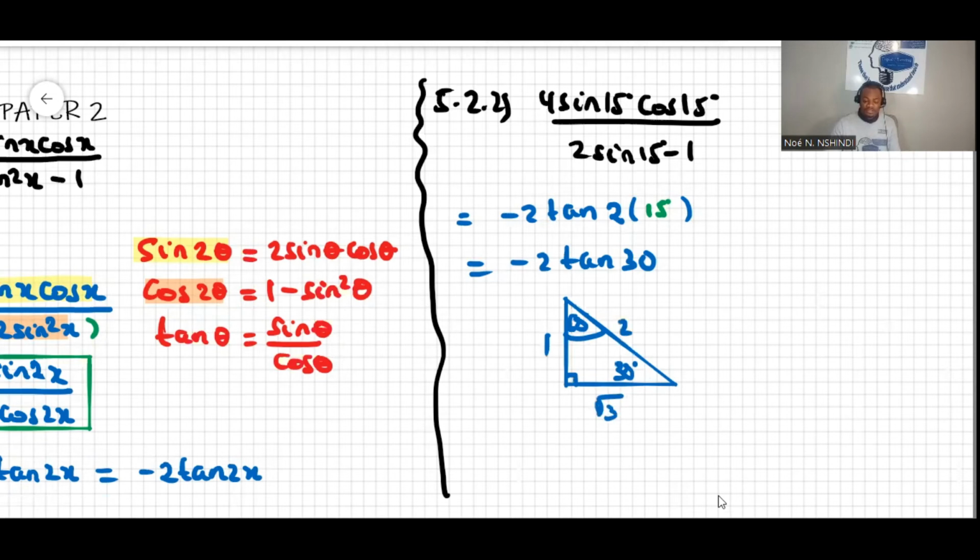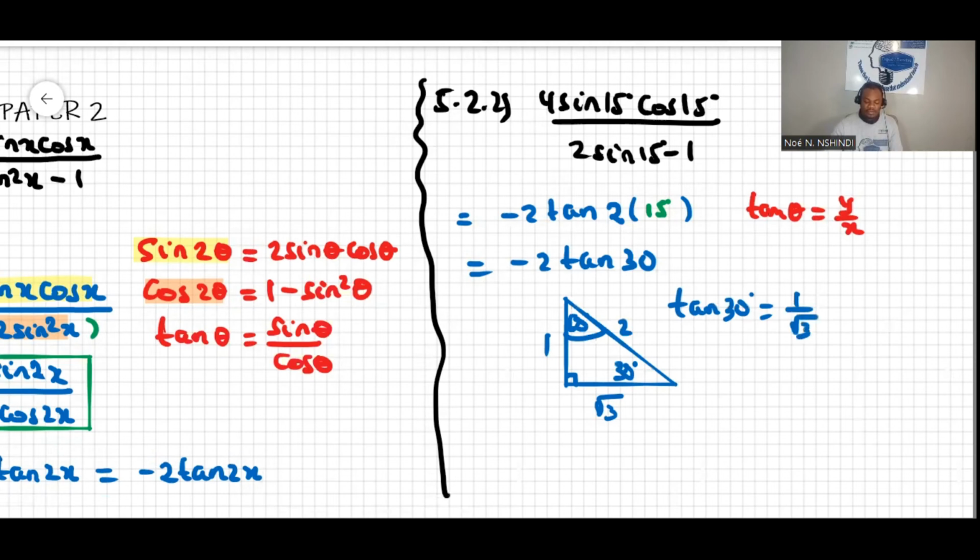So to work out tan 30 degrees, we say tan is opposite over adjacent, every angle is y over x. So this will be 1 over square root of 3.